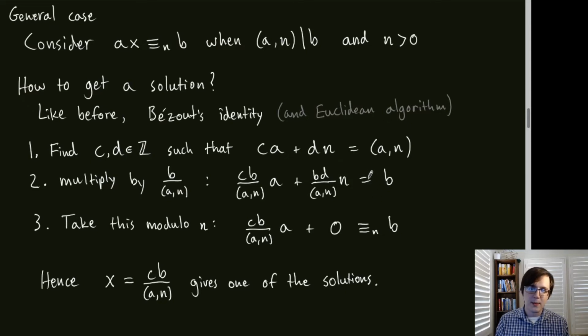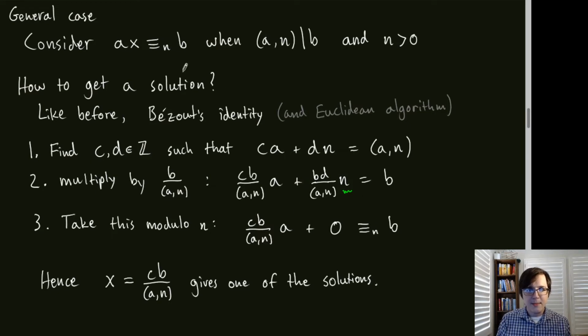So what I mean by that is, since they're equal, we can replace the left and the right side by what they're congruent to mod n and get a congruence. So b is just b, but this n here, modulo n is 0, so this term is just 0 modulo n. So what we see is that this coefficient times a is congruent to b modulo n.